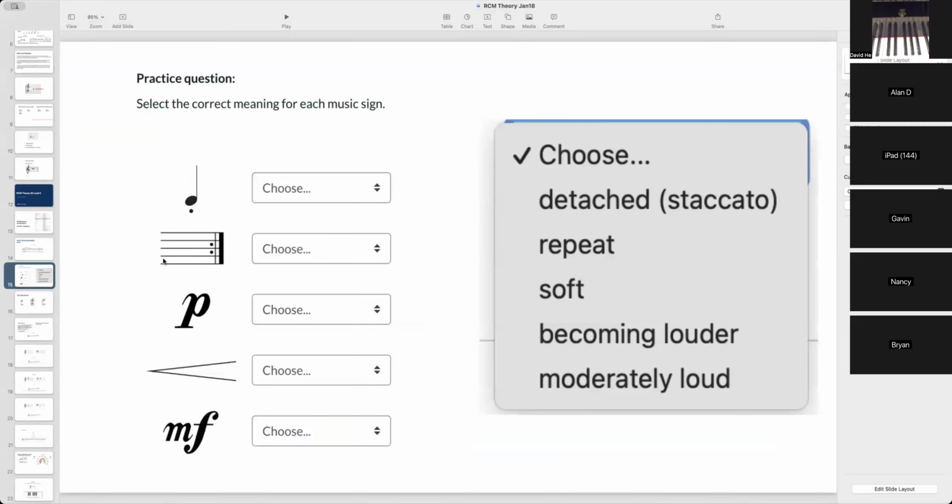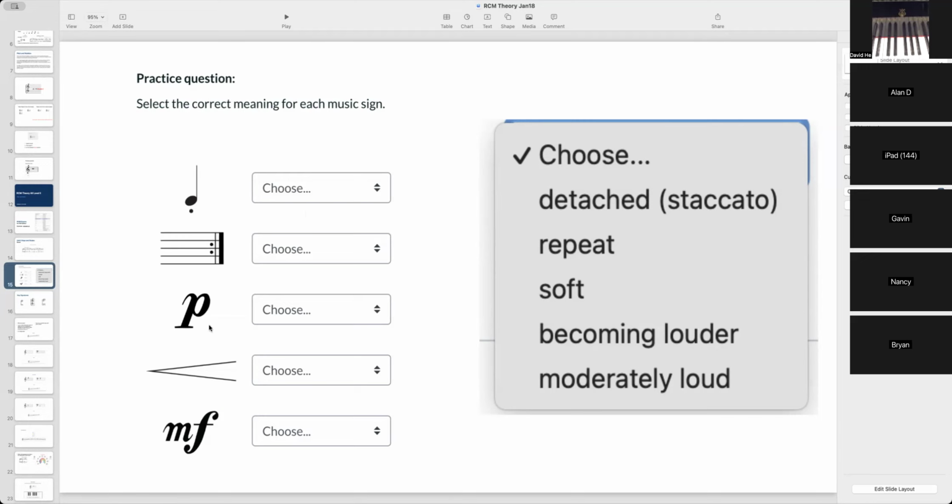Some very basic ideas, like what is this note? What does this one mean? Is it starting here? Or what does this mean? Just questions like this. So this one is staccato, which is detached. And that one is a repeat.